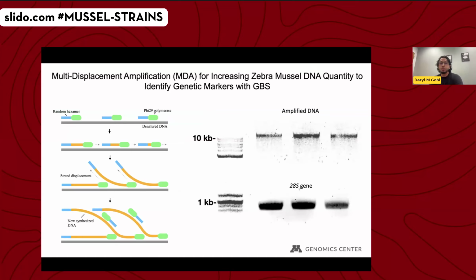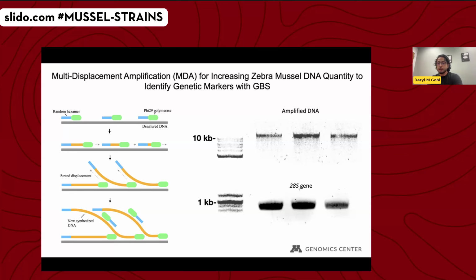So we have proposed multiple displacement amplification, MDA, for increasing the zebra mussel DNA concentration in low biomass samples to be able to genotype genetic markers with GBS.